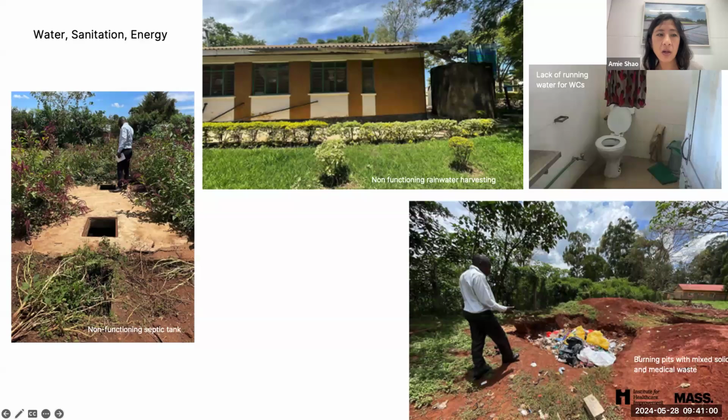Across many contexts, we've seen, when these systems break, it really impedes the quality of care and the safety that we're able to provide. When women are leaving health facilities because they don't have running water to bathe or to go to the bathroom after birth, when there is waste or placentas that are being disposed of in ways that are not safe.